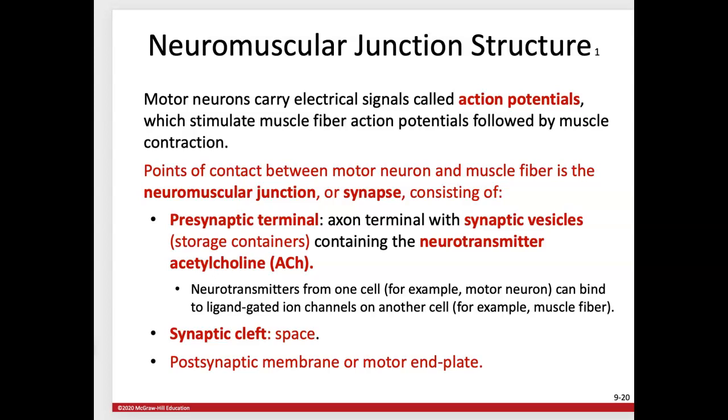The signal must be carried over via the neurotransmitter, and in this case it'll be acetylcholine. So those neurotransmitters will travel from the motor neuron and then bind to channels on the other side of that synapse in order for the signal to travel.